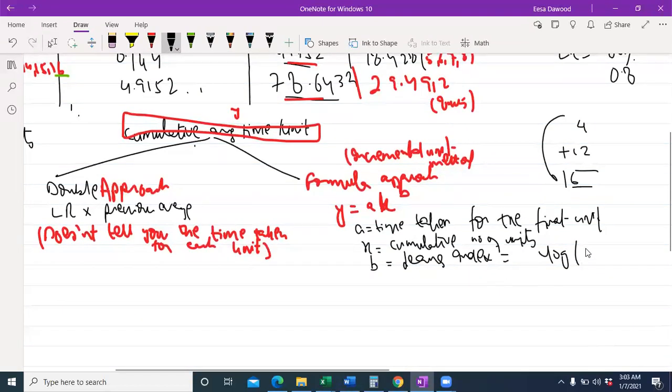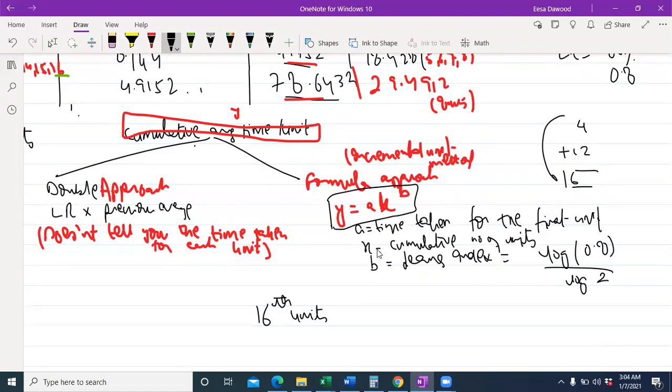So how do I calculate B, the learning index? 0.8 divided by log of 2. For example, if now I want to calculate the time taken for the 16th unit, I will use the formula approach. First of all, I should calculate the learning index.